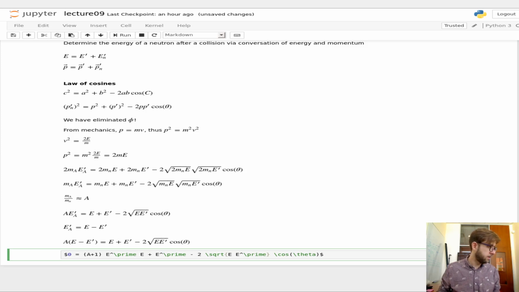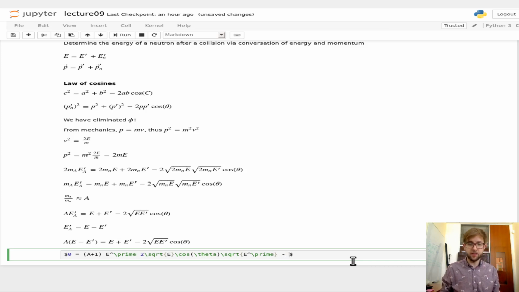And then we've got this E prime in a square root, so we could write this as 2 square root E times cosine of theta times the square root of E prime, right?